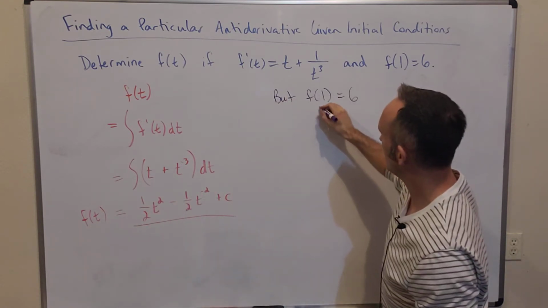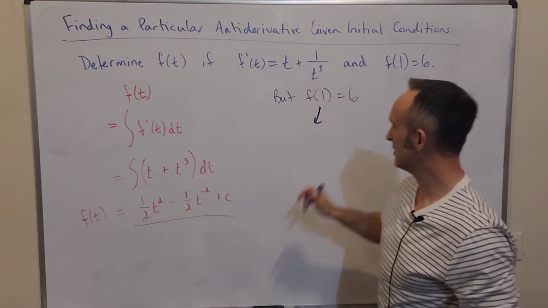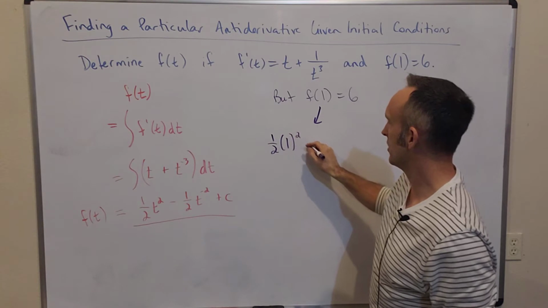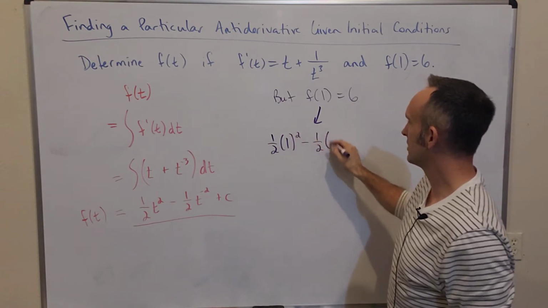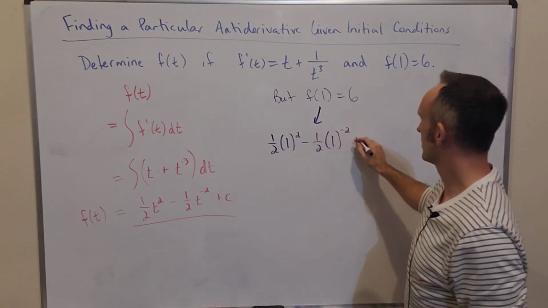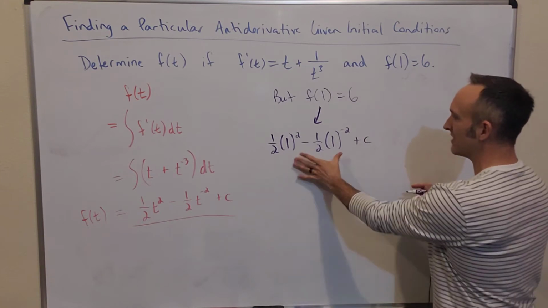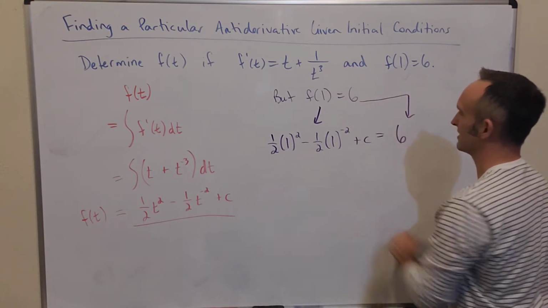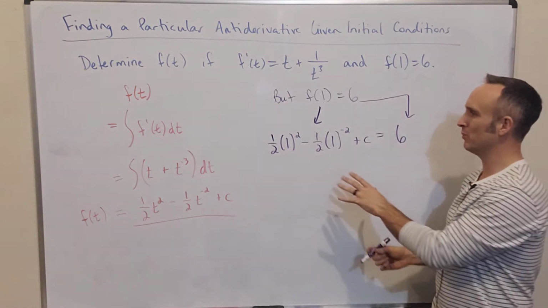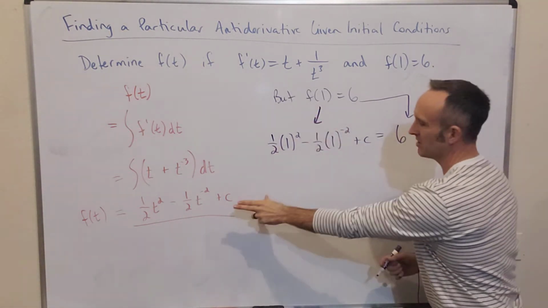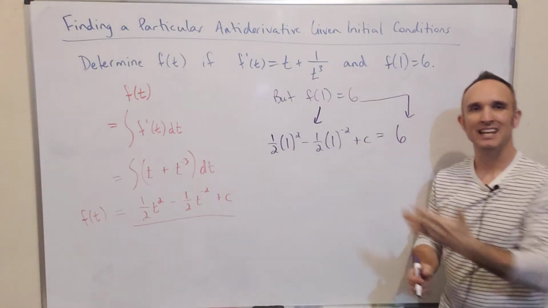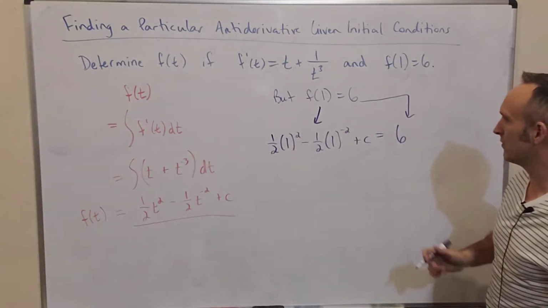So f of 1 means plug 1 into the f of t function, which is 1/2 times 1 squared minus 1/2 times 1 to the negative second plus c. That's f of 1 equals 6. And you can see what happens when we're able to plug in an input to that function. The only unknown is the constant c, and now we can use basic algebra to solve for that.